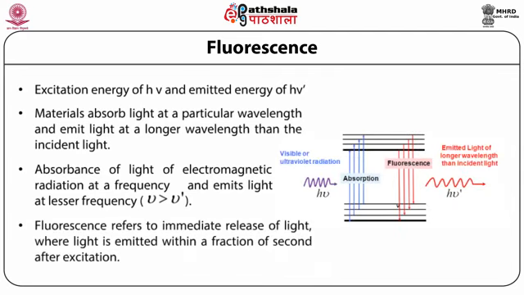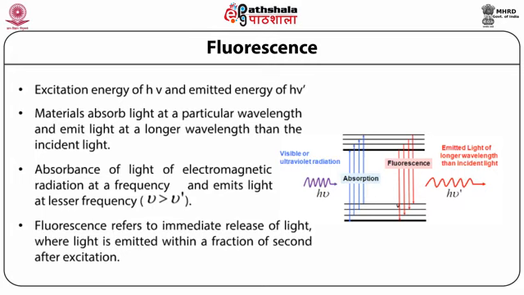Fluorescence refers to immediate release of light. The light is emitted within a fraction of a second after excitation, and the fluorescence process is sketched in the diagram. The materials showing fluorescence behavior are called fluorophores.